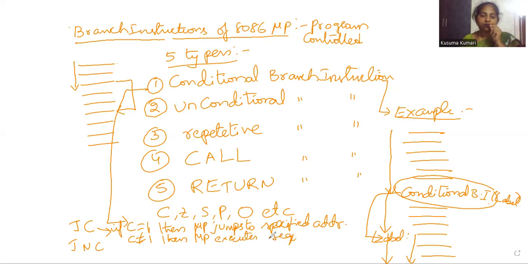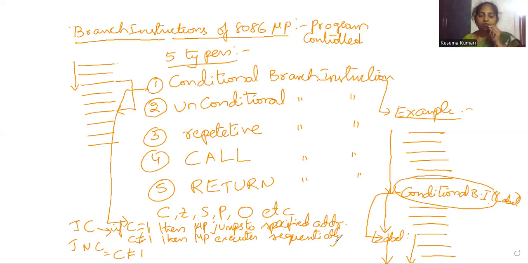Similarly, for jump on no carry, the condition is that the carry flag should not be 1. If this condition is satisfied, then the microprocessor jumps to the specified location. If the carry flag is set, then it executes sequentially.